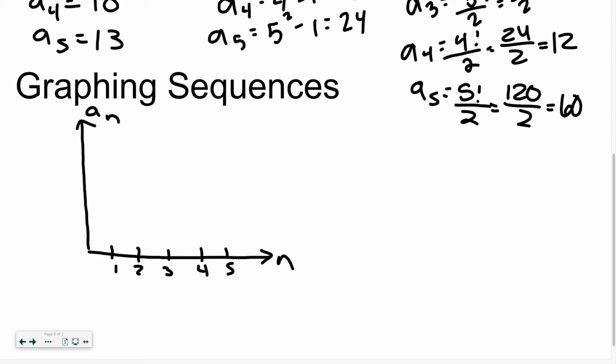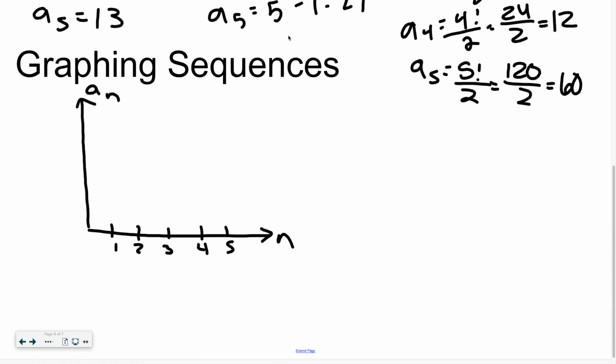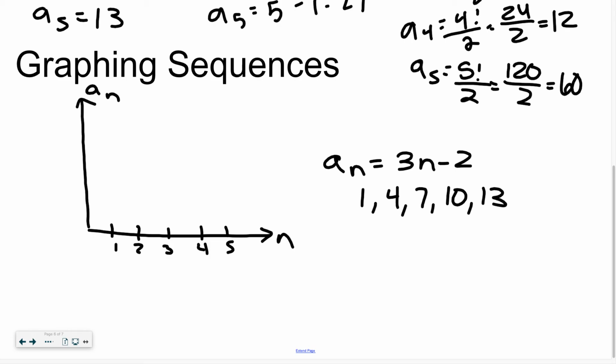So we had one up here. These are the ones where we did the first 5 terms. a sub n equals 3n minus 2. And we had 1, 4, 7, 10, 13 for our first 5 terms. So then we can plot those. This is a sub 1, a sub 2, a sub 3, a sub 4, a sub 5.